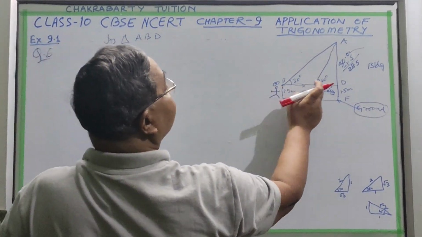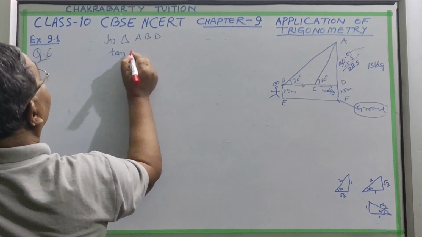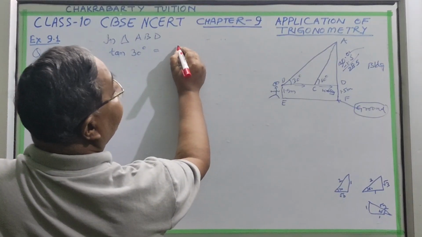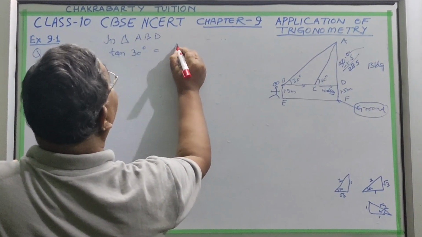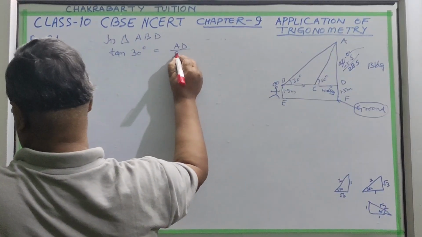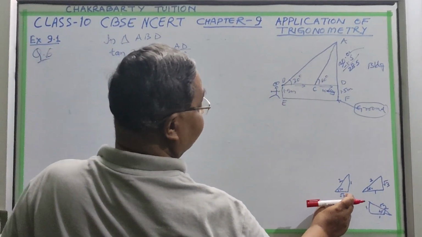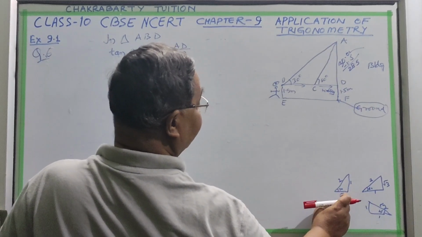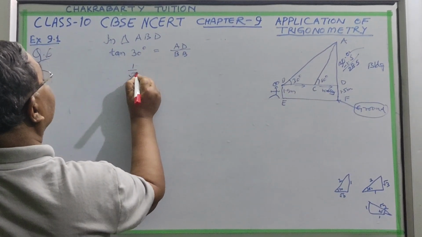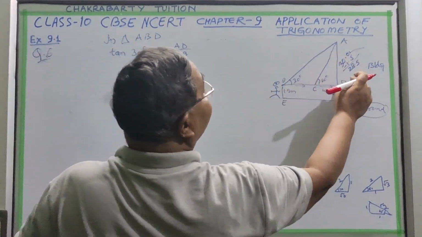it will be tan. So tan 30 will be AD upon BD. Tan 30 is 1 by √3. And AD will be how much?